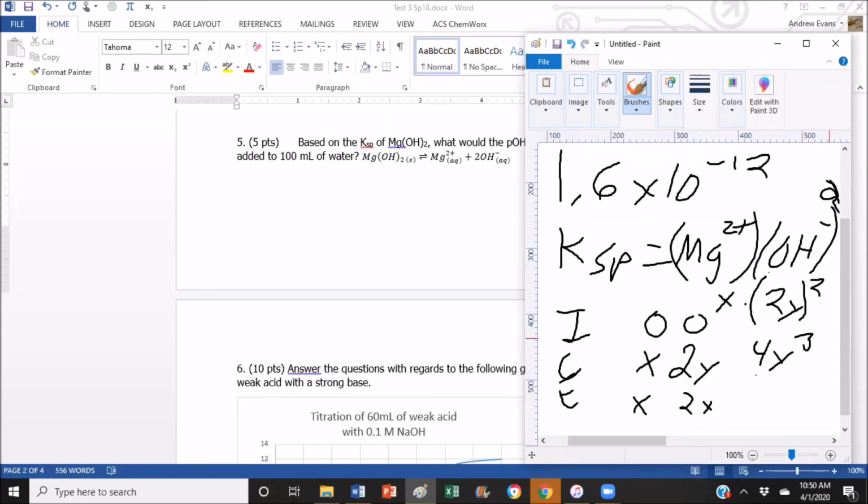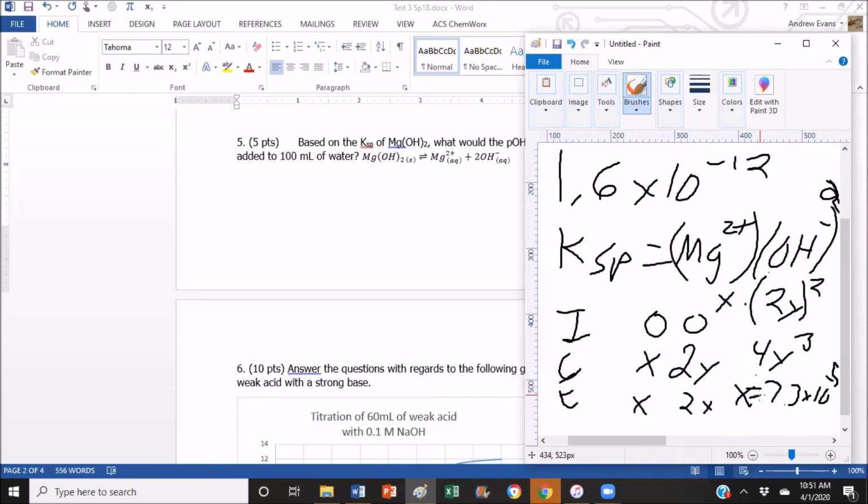So x is equal to 7.3 times 10 to the negative 5th. 7.37 if you want to be very accurate. But okay, that's for the Mg, and you would have to double that for the hydroxide.